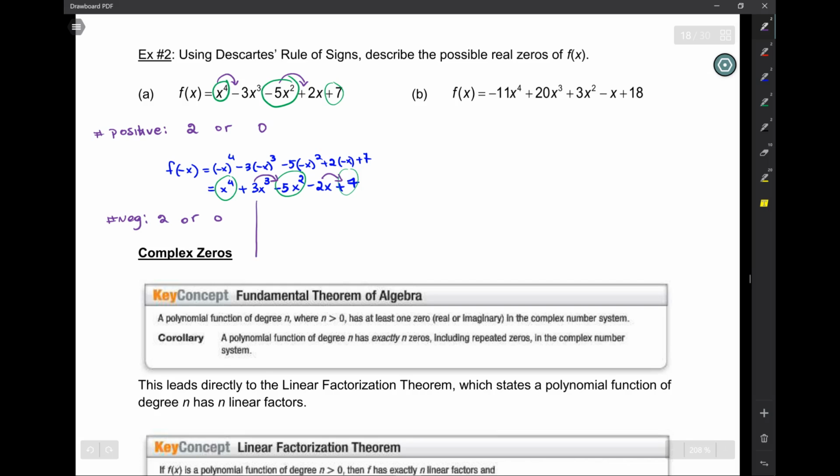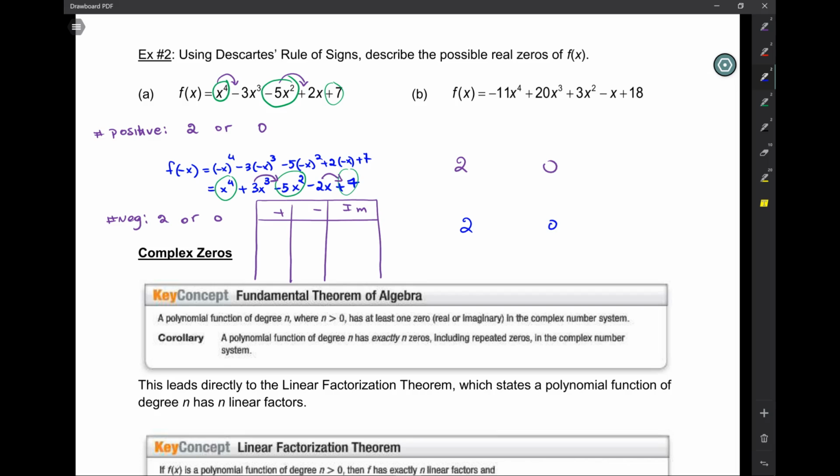So now we make a chart. Positive, negative, imaginary. And then what you have to do is this. You have 2 or 0 for the positive, 2 or 0 for the negative. What you have to do is you have to match each one of the purple ones with each one of the blue ones.